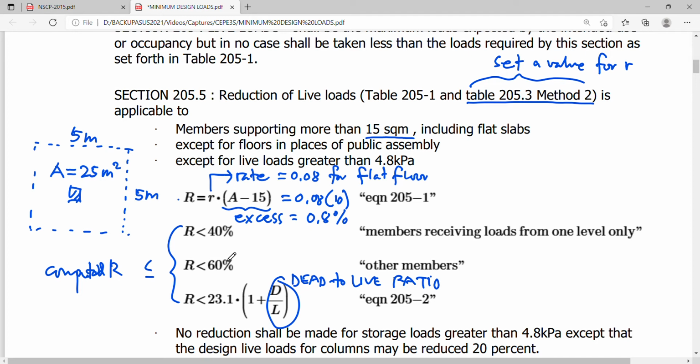So take note that this is only true for cases except floors in public assembly. Okay, so also when the live loads are greater than 4.8, you cannot apply the reduction of live load.